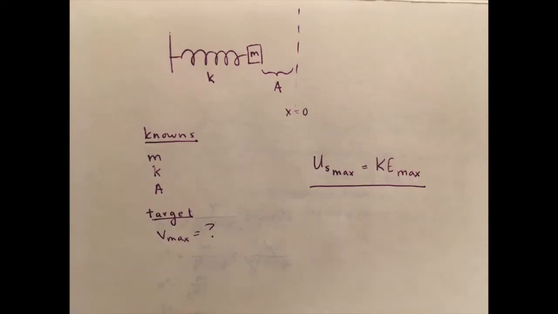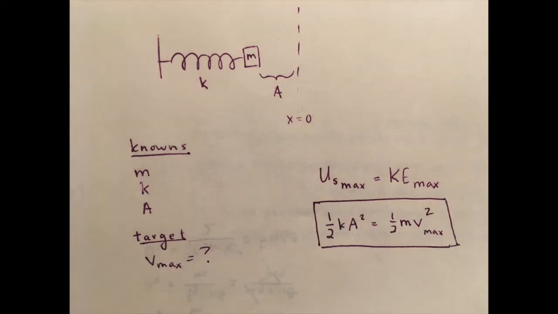We know that the total energy of the system does not change. Because we know this, we can say that the maximum spring potential energy is equal to the maximum kinetic energy. Because when one of those types of energies is at its maximum, the other one is at zero. This is the key to solving mass spring system problems.